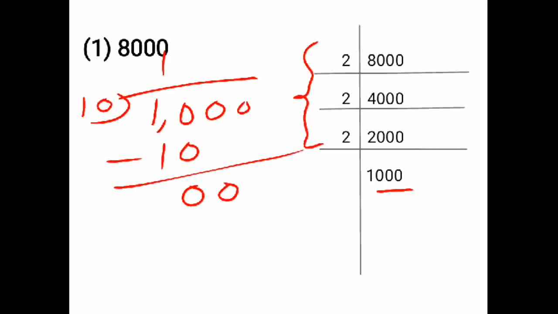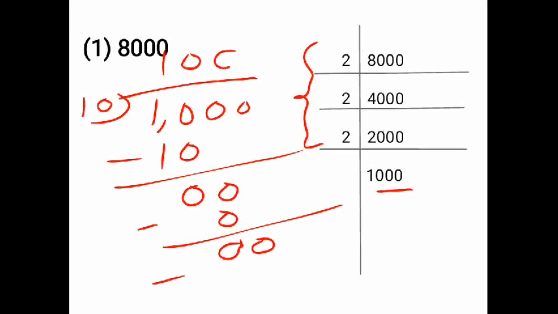Second 0 bring down. 10 zeros are 0. 0 minus 0 is 0. Then last 0 bring it down. 10 zeros are 0. 0 minus 0 is 0. That is 10 into 100.